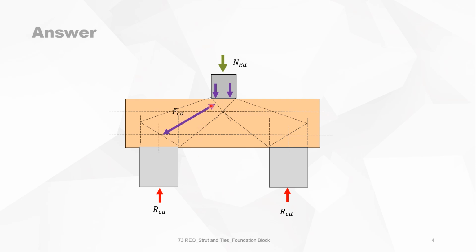This is the force FCD, the normal force in the compression strut. This is the normal force in the compression strut on the other side. And they have an angle of theta, which gives you then the position of the tie in tension, which is FSD, and where the reinforcement will be positioned.